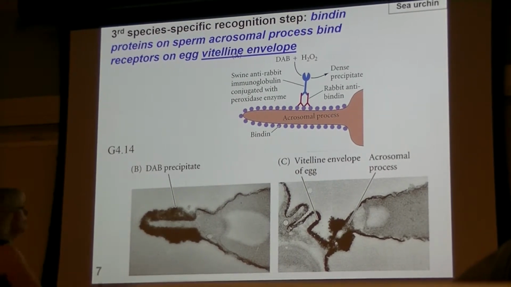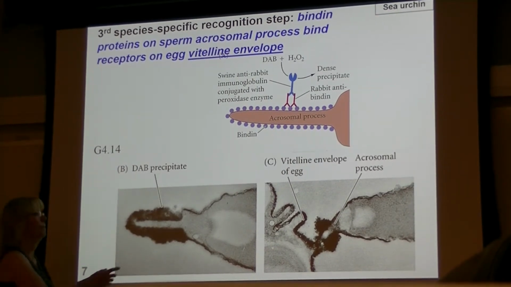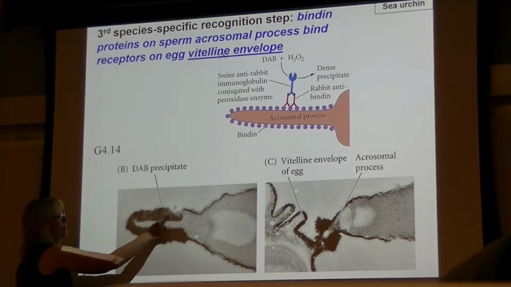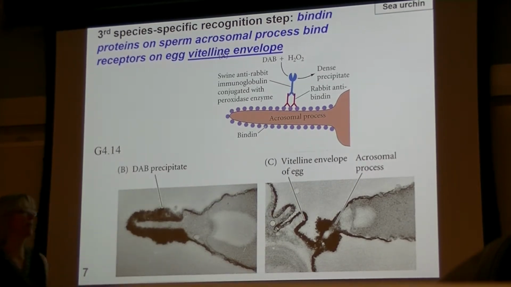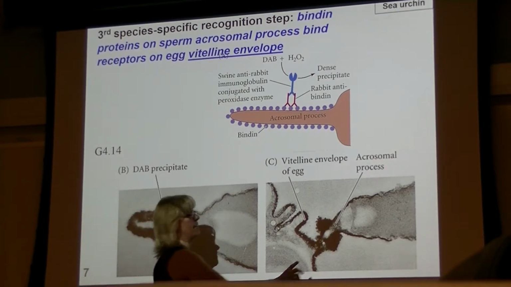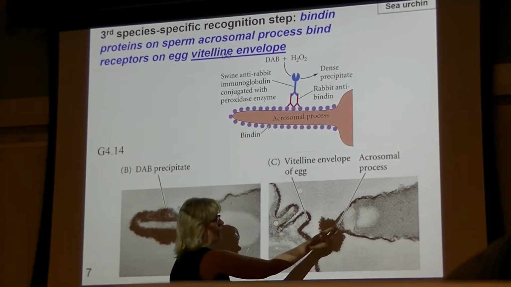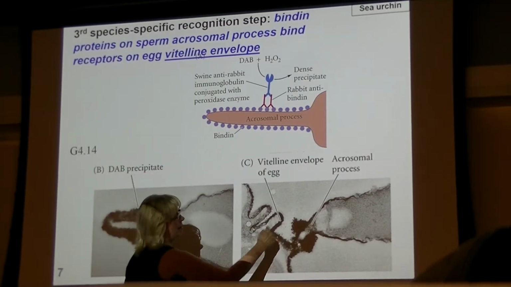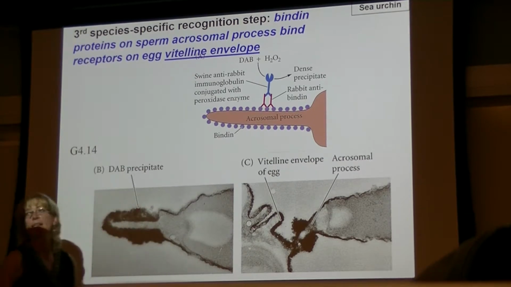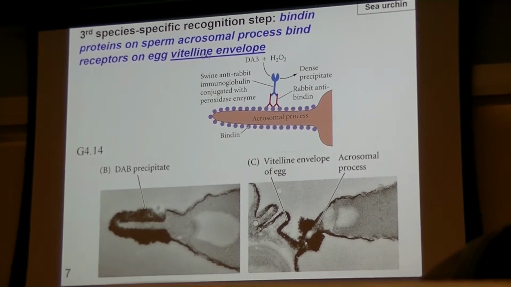All of this dark precipitate, it's not colored because it's a black and white picture, is right around this acrosomal process, a large deposition of color. In this slice, we have the sperm coming in from the right-hand side at the acrosomal process, contacting the egg. And all of the binding protein is located right at the very tip of that sperm, where we expected it to be, if that makes sense.